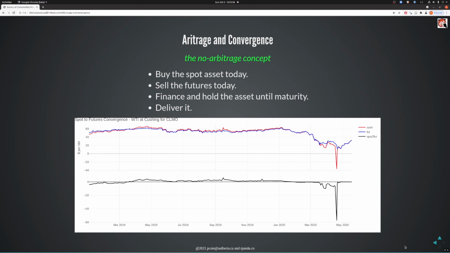And a trader seeking to benefit and lock in that relationship would buy the cash contract and sell the futures contract on the same day, locking in the price difference. Upon delivery of the cash, store it in tank, finance it, and upon expiry of the futures contract for June 2020, deliver into that contract. That concludes our first video.